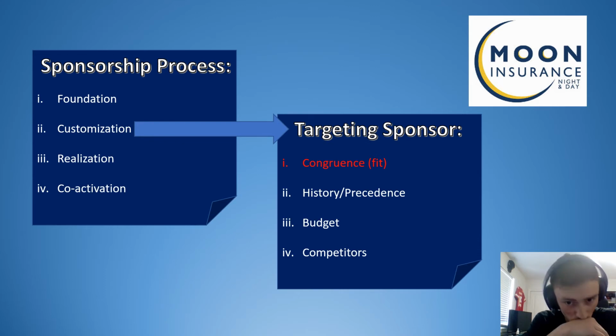We looked at the history and precedent of Moon Insurance. They had absolutely no experience sponsoring any other organizations or events in the past. When we sat down for negotiations with them, he made it abundantly clear that they just really wanted to build their awareness in the local community.